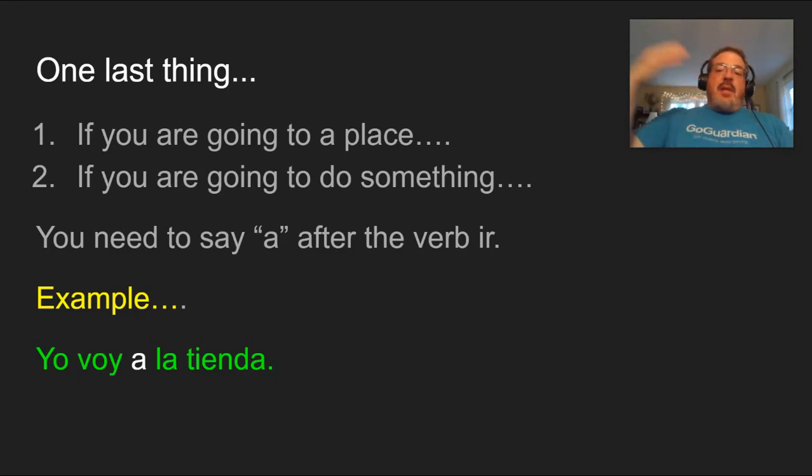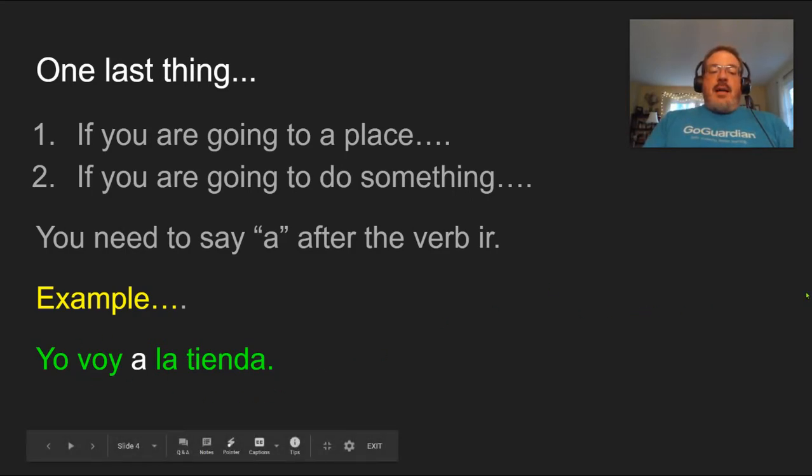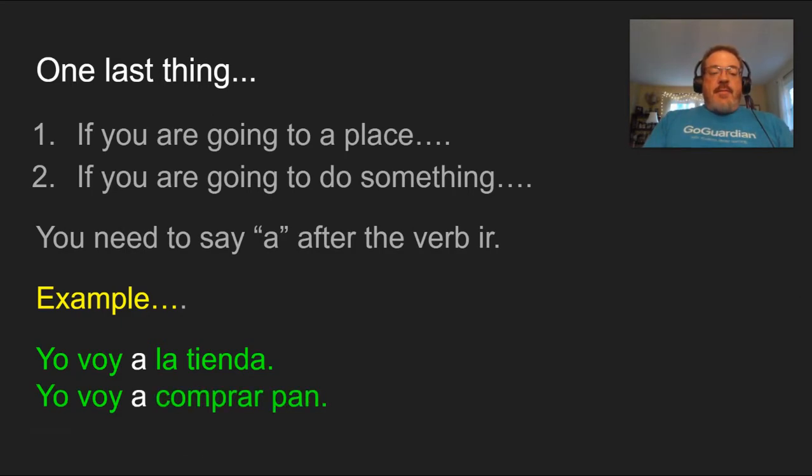Okay, I'm going to a place. Number one, if you're going to a place, you have to say a after the verb ir. Voy a la tienda. If you want to say you're going to do something, voy a comprar pan means I'm going to buy bread. And you have to have this a after the verb ir every single time.